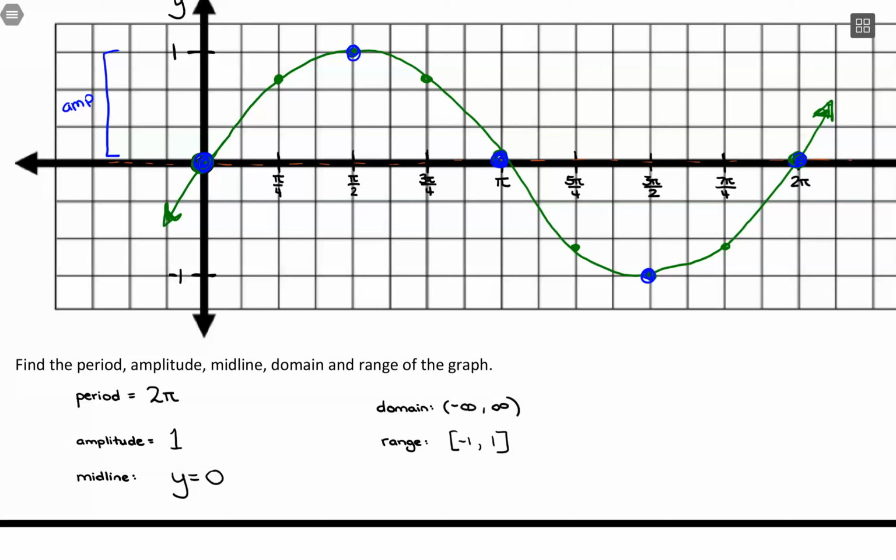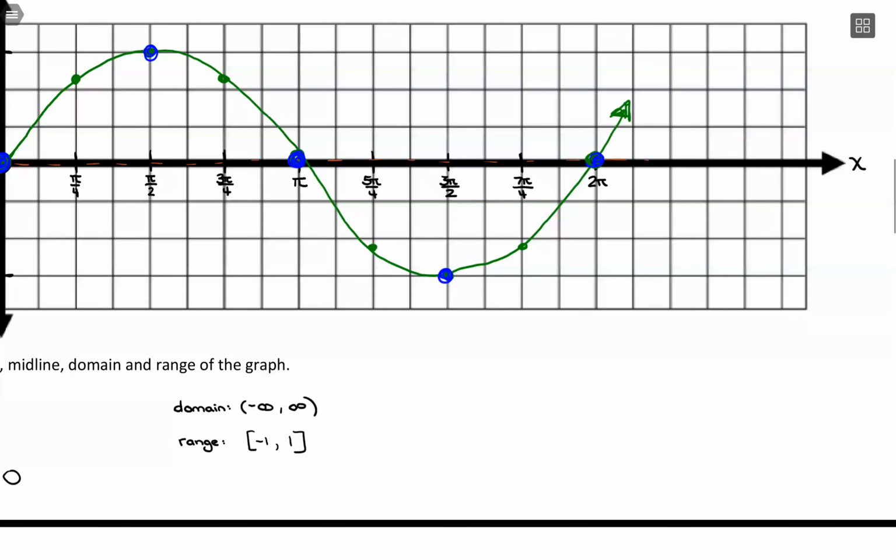I'm going to bring this up again, but I just want to point it out as we're starting to think. There are these 5 special points. The idea is that if I know I have a sine graph, and I know where I'm starting, and I know the period for getting to the end, I can pretty much map the rest of it. I know halfway between those would be a max, halfway between those would be a minimum, and I'd have my sine graph started.